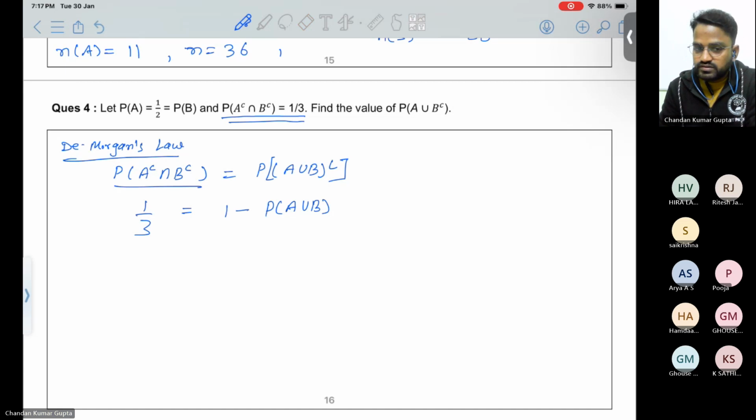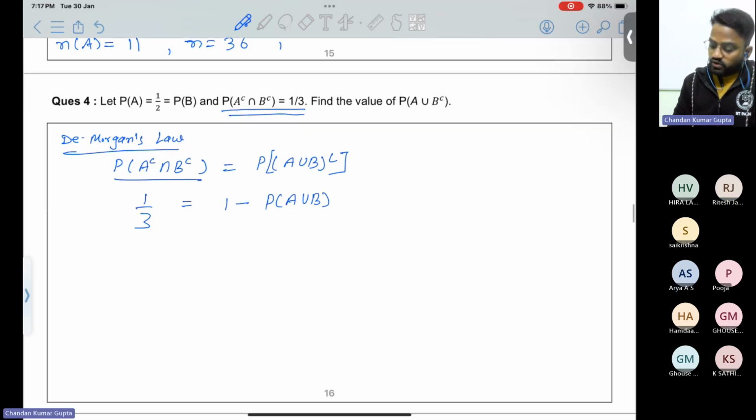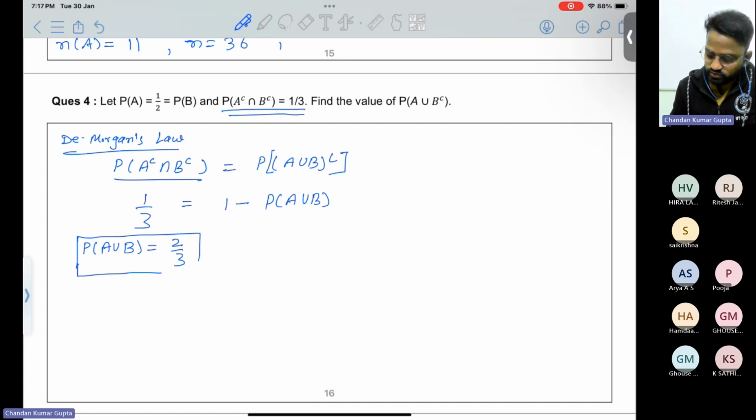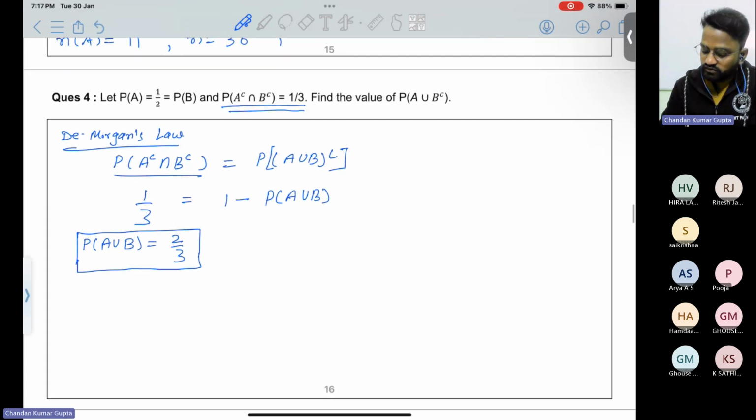Yes, sir. Okay, now from here, the probability of A union B equals 2 by 3. Now, from A union B, we need to calculate A intersection B because we want to calculate A union B complement.